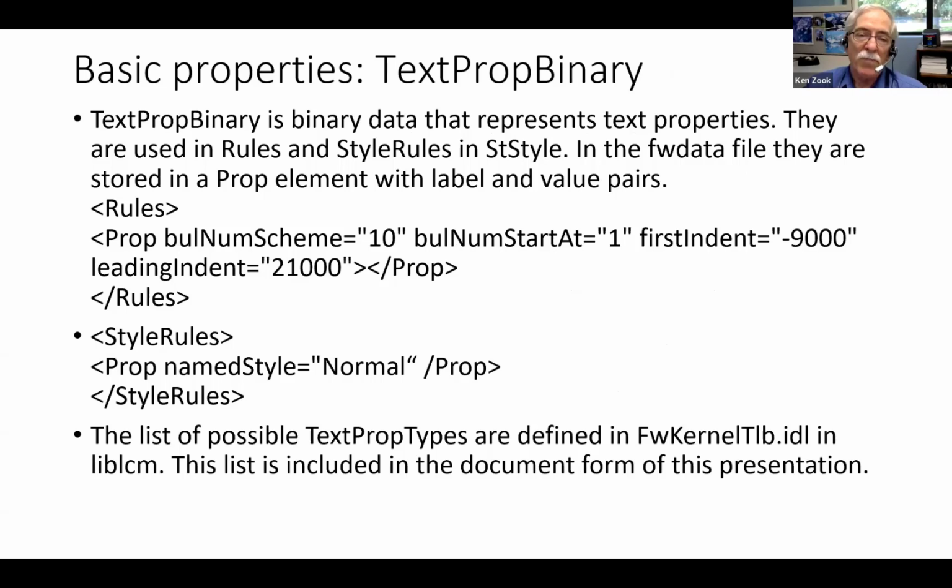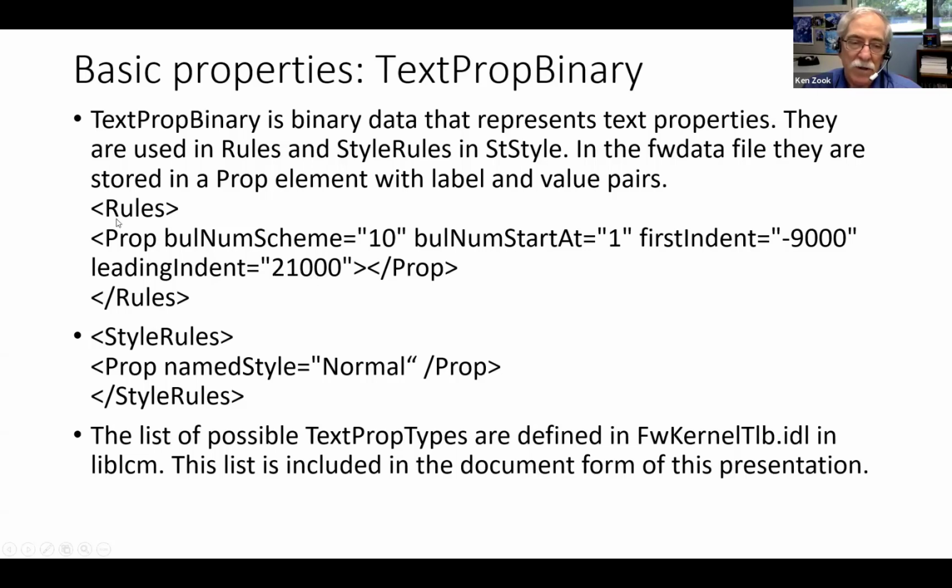There's a text prop binary. That's binary data that represents text properties. They are used in rules and style rules and ST style. In the FW data file, they are stored in a prop element with label and value pairs. So we have a prop for bullet numbering scheme that equals 10, a bullet numbering start at 1, a first indent of minus 9,000, and then a leading indent of 2100.